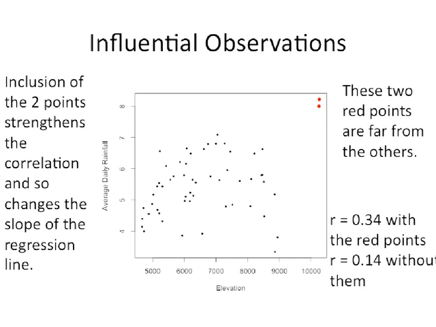So maybe you find something wrong with them, or maybe you decide that they are different enough from the rest of the observations that you want to not include them when you're doing your analysis. So those are the kinds of questions you ask yourself when you see these kinds of influential observations.